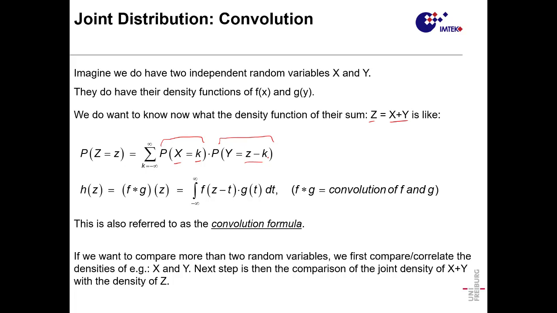And then if you calculate the expected value, that is where you get the convolution of these two signals, right? So it's just the marginal of one part of the joint distribution times the marginal of the other part of the joint distribution, integrated, and then you get your convolution of f and g.